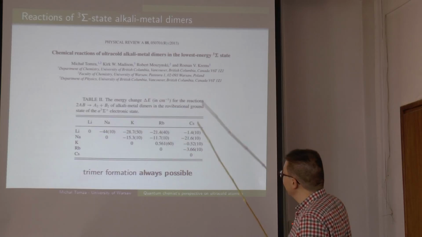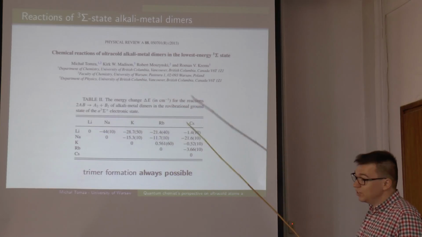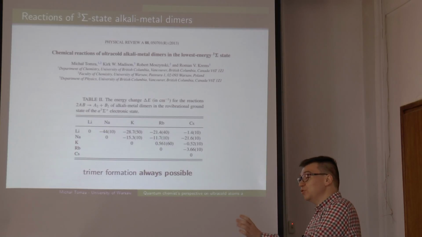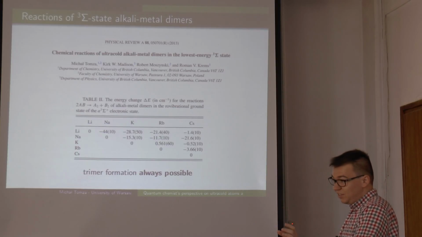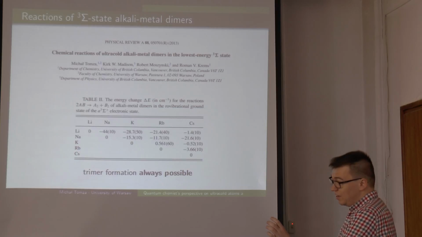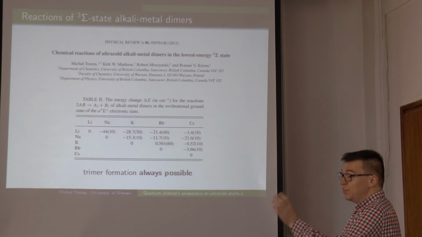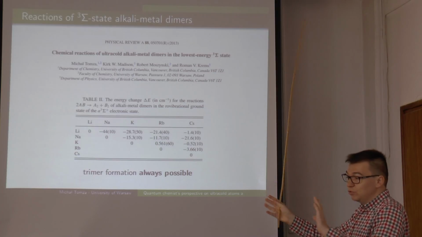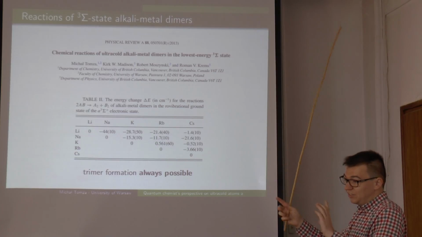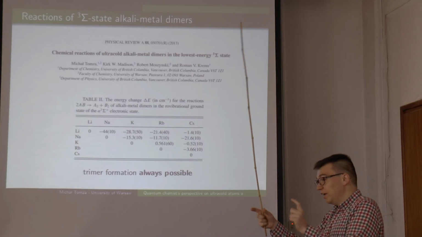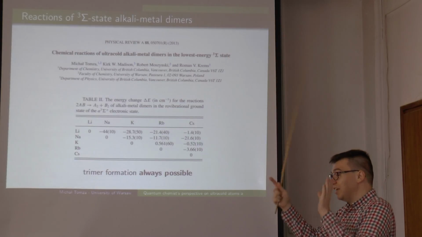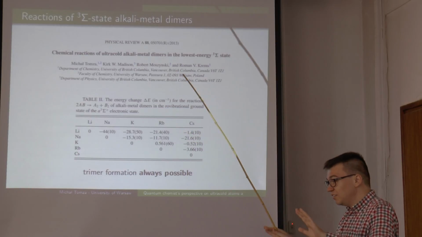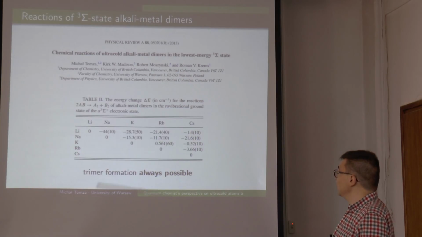Then with Roman Krems, I also looked at the dimers in the triplet state, because when we have two alkali dimers and we produce molecules, we can have both singlet state molecules and triplet state molecules. The idea was, maybe if we produce the molecules in the triplet state and apply an external magnetic field to confine the dynamics to the spin-stretched state, the state of two molecules with the highest spin, we can keep the system on this surface, and then maybe the energy release will be smaller.